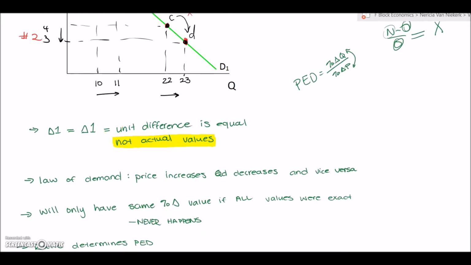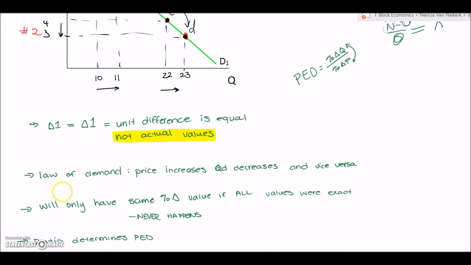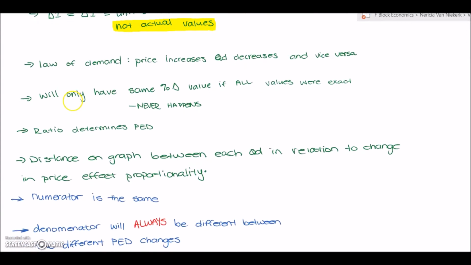Then the PED ratio determines the PED of the price change. The numerator of the ratio stays the same when comparing two different changes on the graph, which is this graph in this case. The numerator in this graph shows that there is a change of 1 in each change.